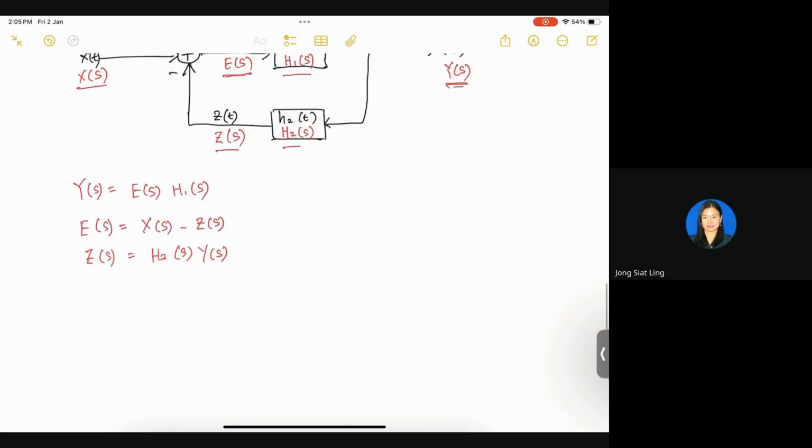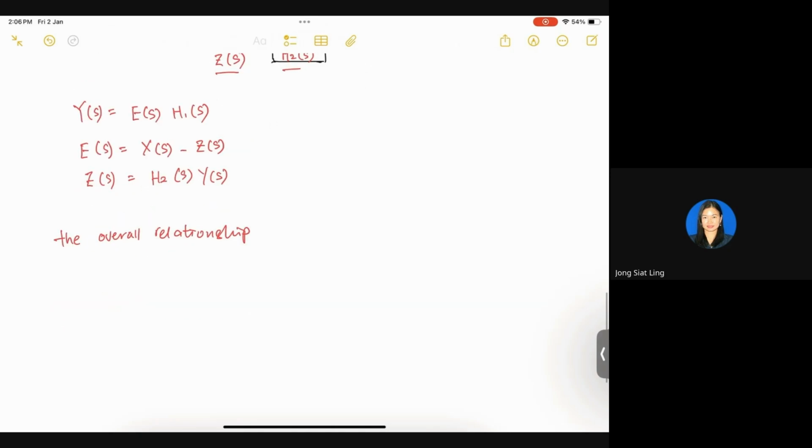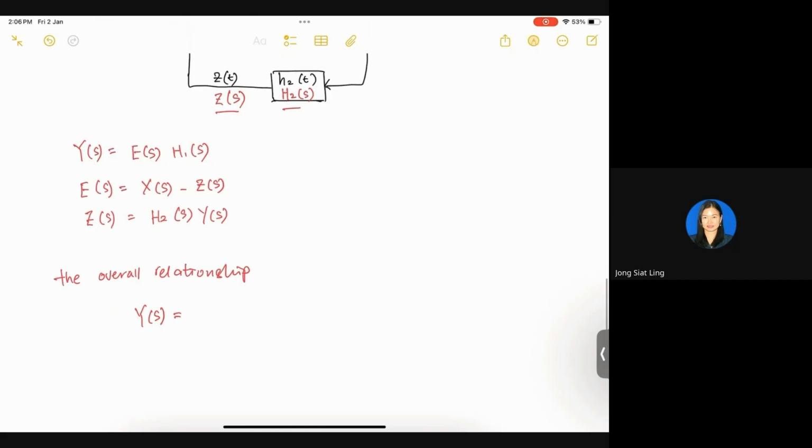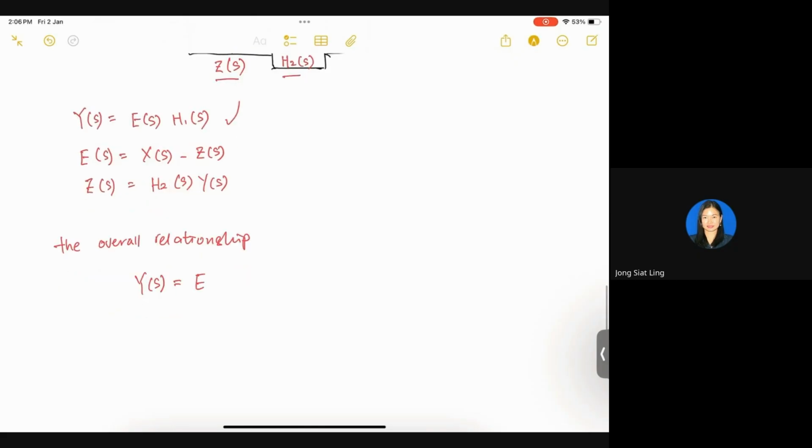Okay, so the overall. Since we know each input output relation, what is the overall relation? So now what is the output? Output is Y(s). So we start from Y(s). Y(s) equal to E(s) H1(s). Okay, what is E(s) here?